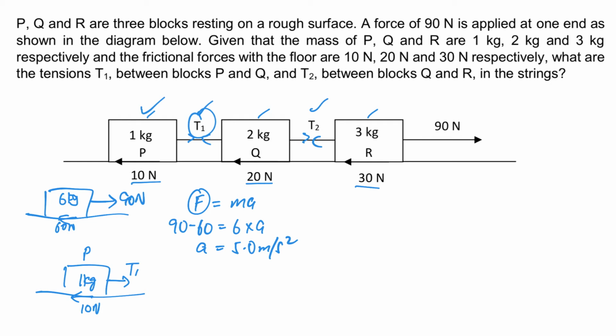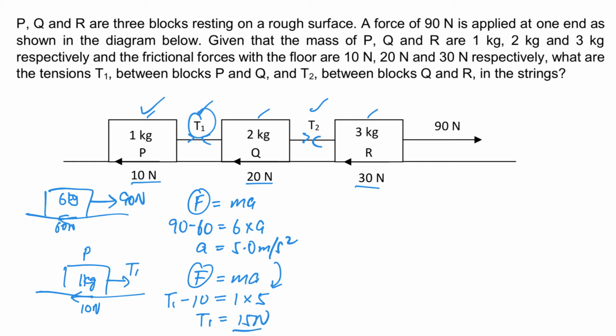So these are the forces acting on P, and there's only one unknown, T1, and I'll be able to solve it. So applying F equals ma, the resultant force acting on P will be T1 minus 10 equals the mass of P, which is 1 kg, times the acceleration 5, and I'll be able to solve that. T1 will be equal to 15 Newton.